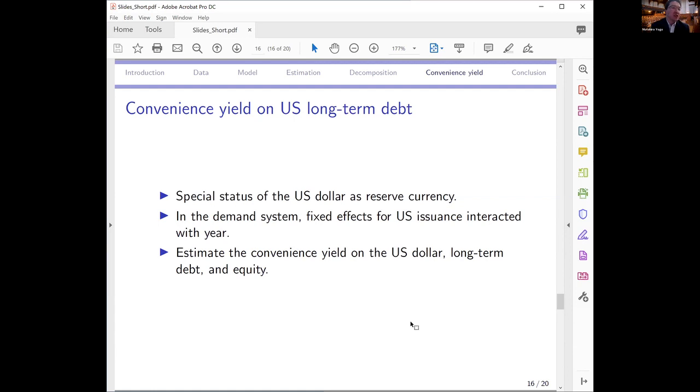So U.S. debt trades at a low yield because foreign investors like to hold U.S. assets. But this convenience yield idea should not only be true for bonds, but also for cash dollars, as well as US equities. So we use the demand system to estimate the magnitude of this convenience yield.